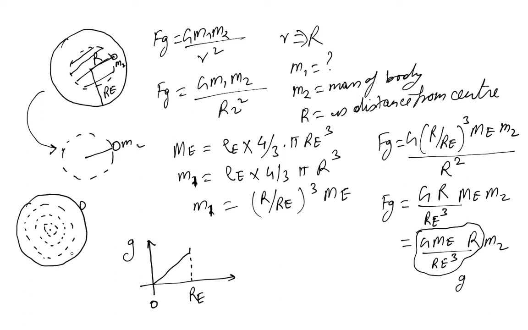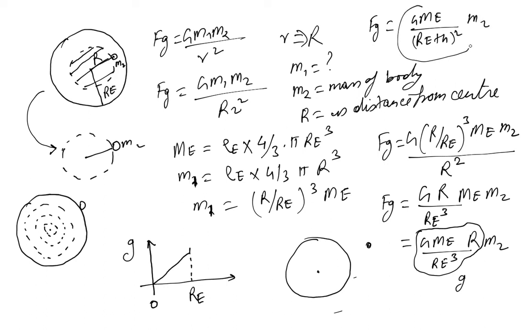So as you go even further, somewhere here, there's no mass in here. So gravity, we already have talked, behaves like Fg equals G Me divided by Re plus H square M2.